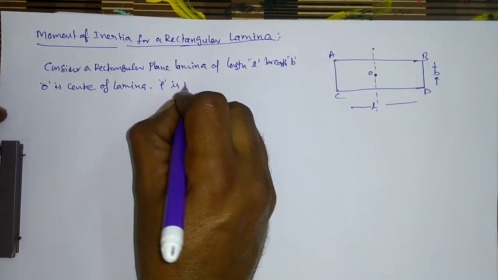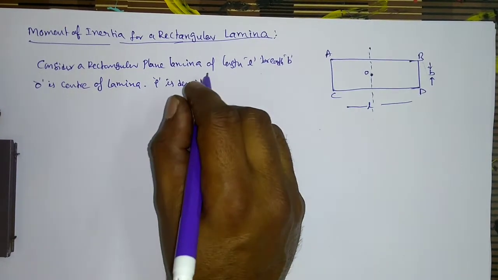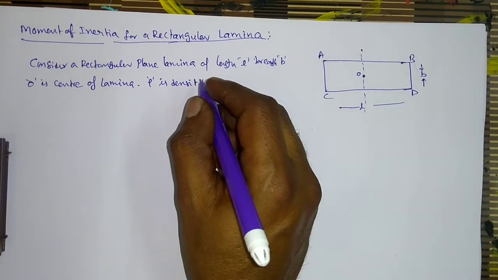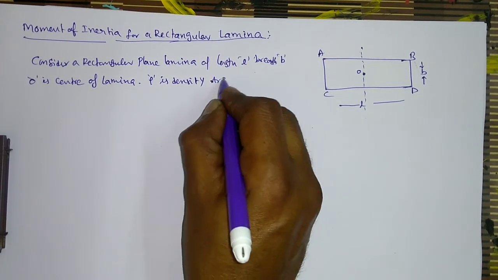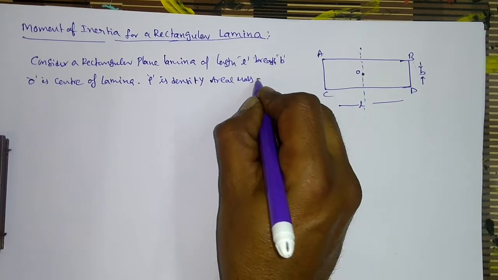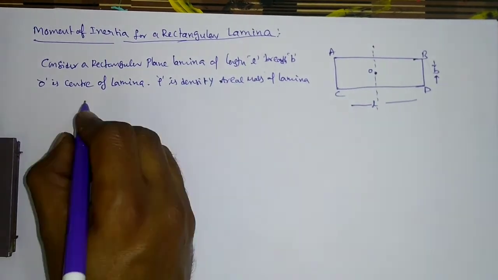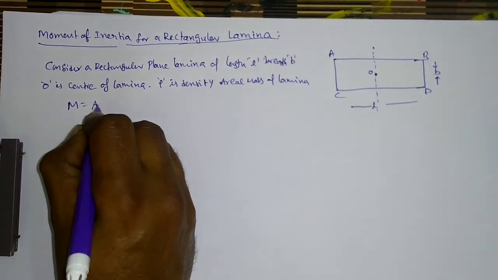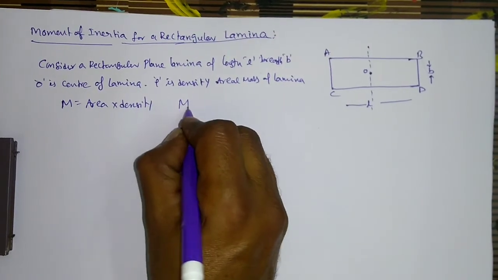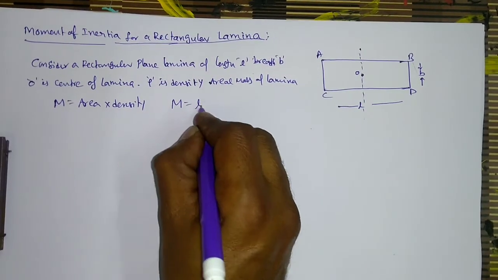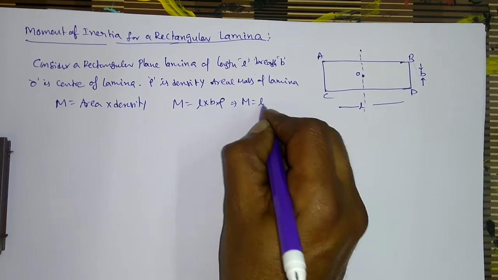Rho is the density. Here the areal mass of the lamina, as usual: mass M is equal to area into density. That means capital M is equal to length into breadth into rho, that is M is equal to L B rho.